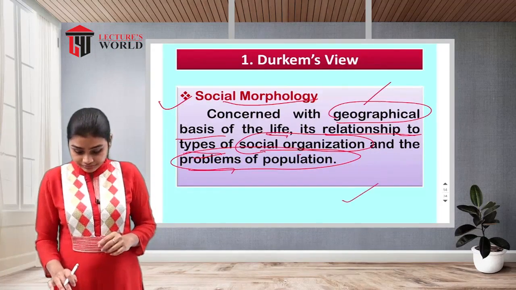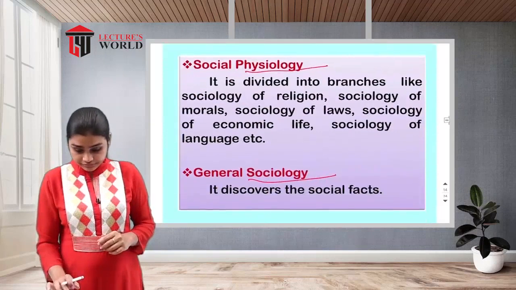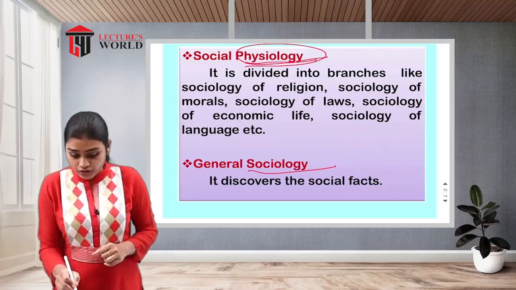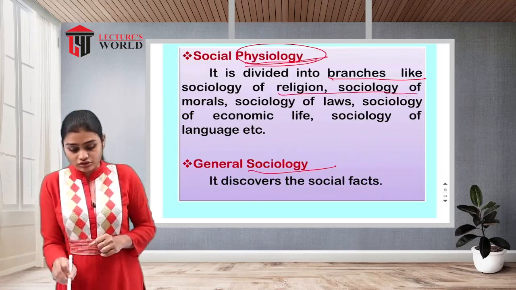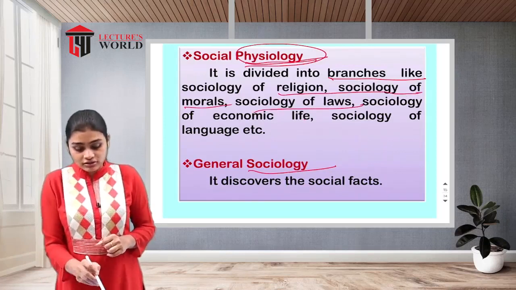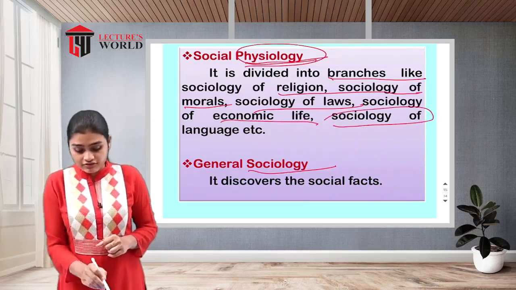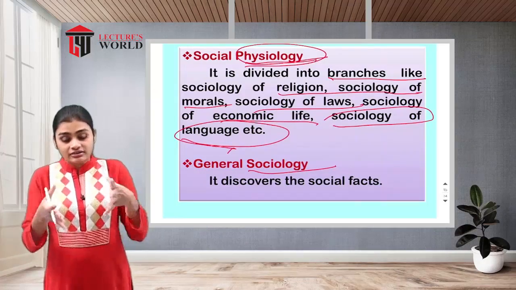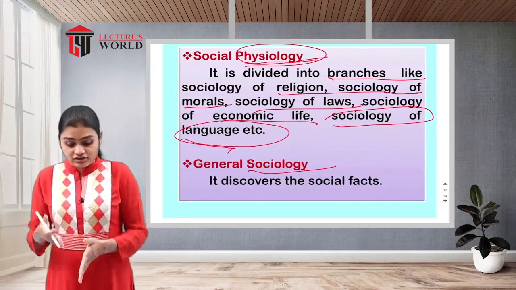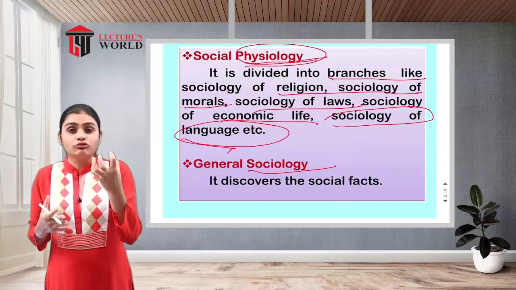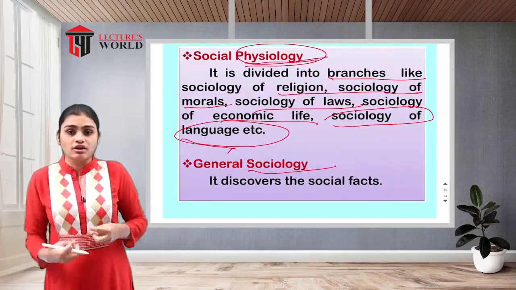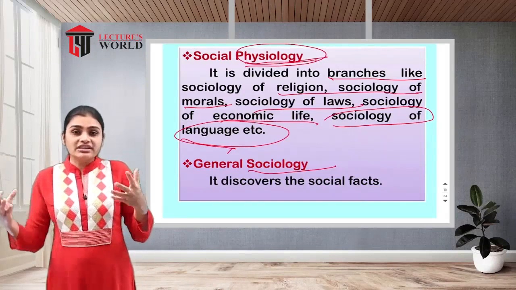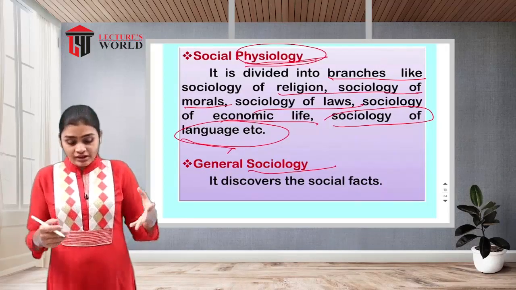The next is social physiology. It is divided into branches like sociology of religion, sociology of morals, sociology of laws, sociology of economic life, sociology of language, etc. So in social physiology, to study the society, the different areas of that society are religion, the morals, what is right and what is wrong, the laws, and the economic life, that means how economically the society has its strengths.